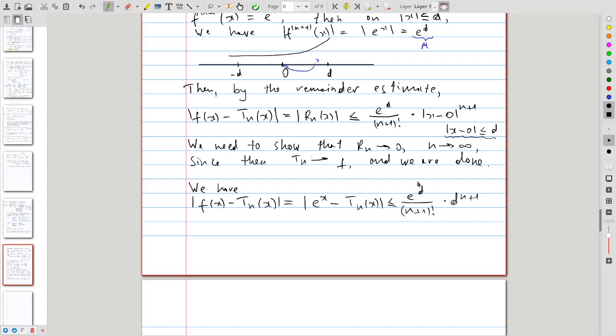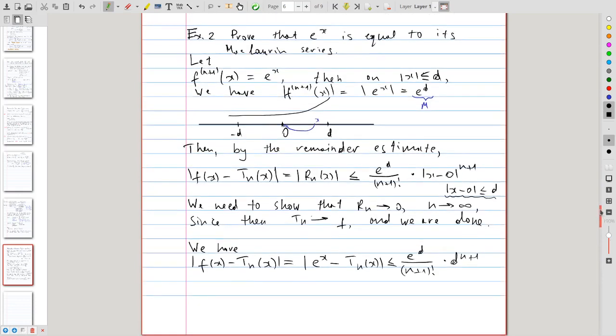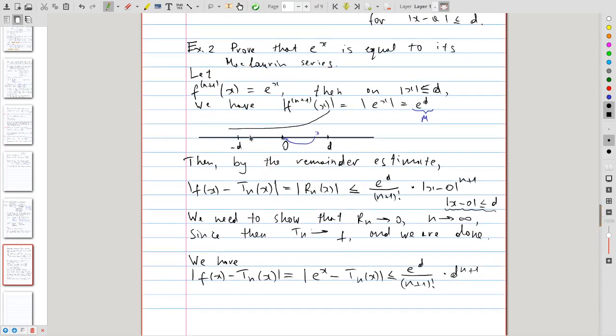So if we can show that the maximal value of this difference goes to 0, then Tn of x goes to f of x at every point on our interval between minus d and d, and then that is precisely what we want. It means on any interval, our function is the limit of the partial sums of the Taylor series.